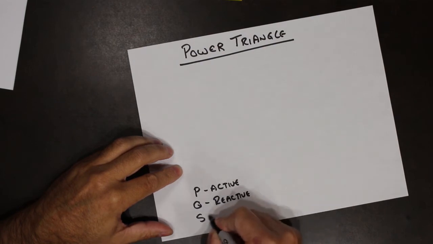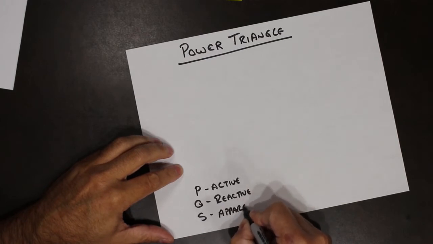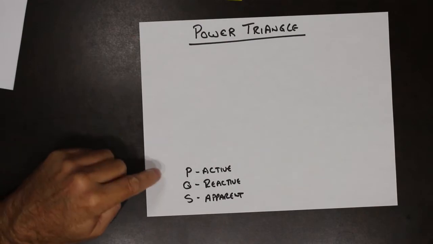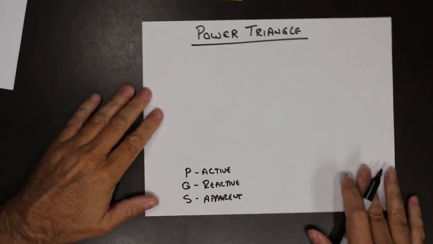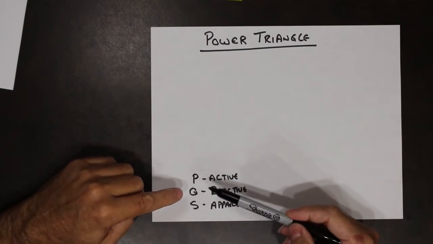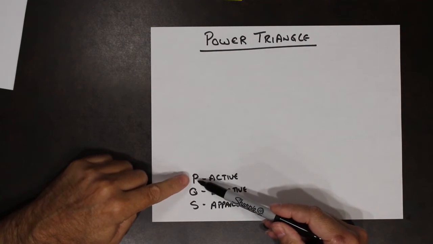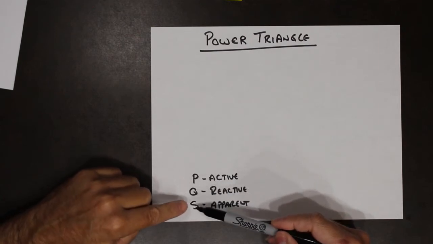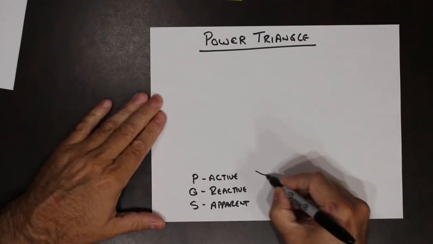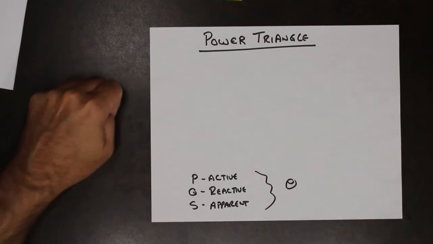And then we have S, which is apparent. So the power triangle is a visual representation of P versus Q versus S. And what we end up with is a phase angle between them all.